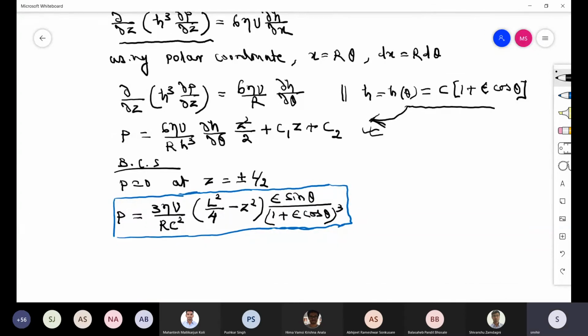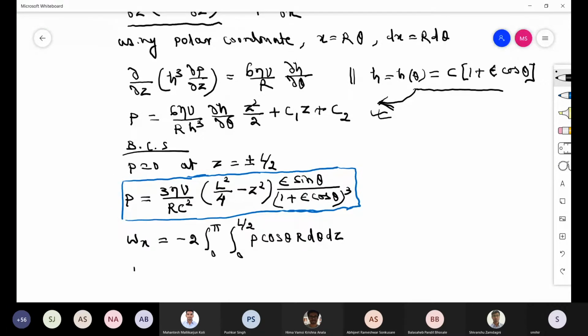Now again, like the infinitely long bearing, if you want to calculate Wx, it will be equal to 2 times this integral.